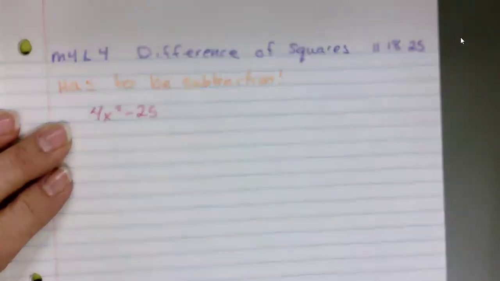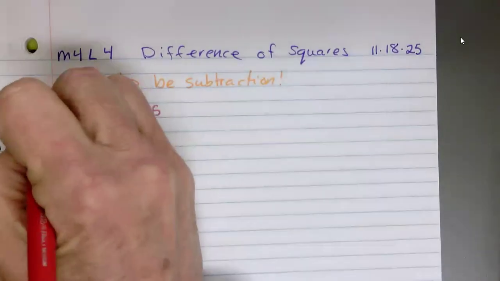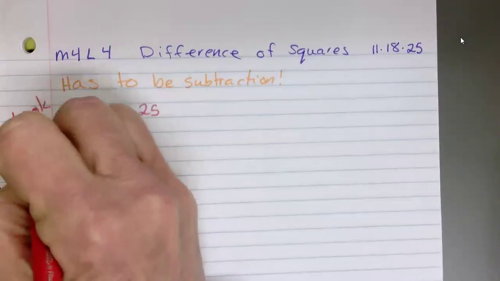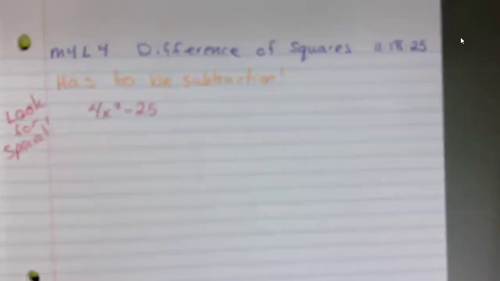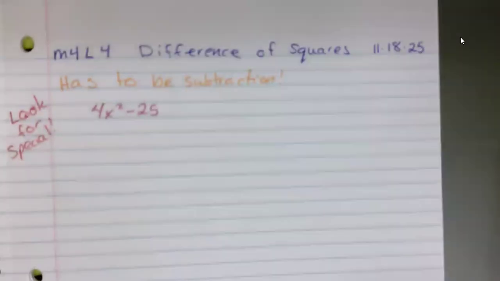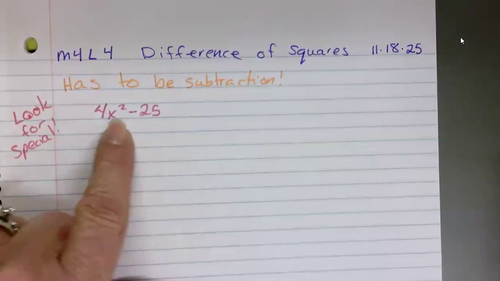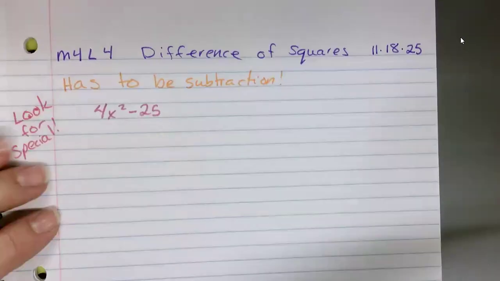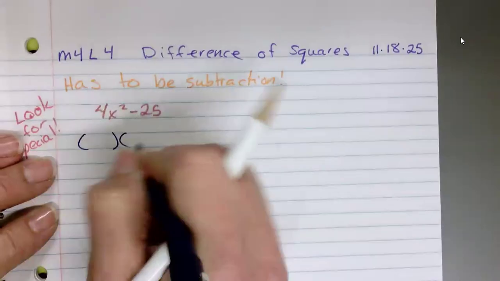But then we have to look for our specials, right? So looking for your specials, this is one of our specials. So you need to notice that 4 is a perfect square, x squared is a perfect square, and 25 is a perfect square. So then you set up your factoring parentheses ready for your binomials.